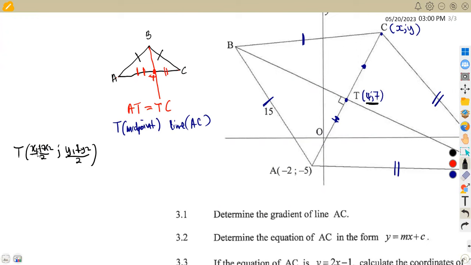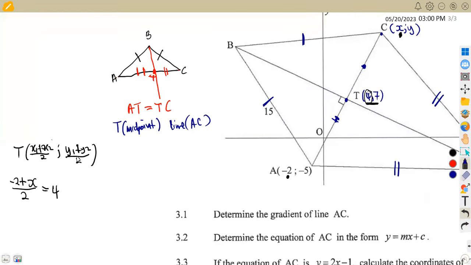So if I add the x at point A, which is minus 2, plus the x at point C, which is x, over 2, this is going to give us the exact point at T, which is our midpoint. So at our midpoint T, the x is 4. So this is equal to 4. We have formulated an equation from there.